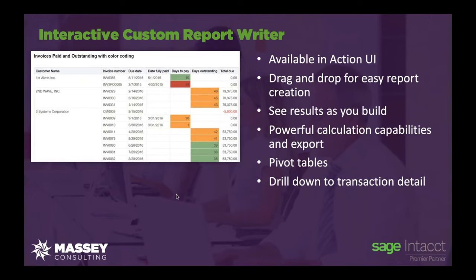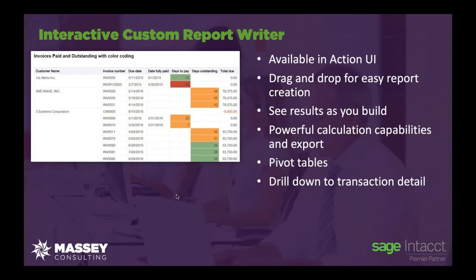And I was also very surprised at how powerful it could be from a calculation standpoint, right? Even down to SQL-like qualities with if-then statements and different types of calculations, those kinds of things, very, very nice. Has the capability to do pivot tables, as it says here. And then, as with everything in Intacct, you have the ability to drill down to those transactional details.